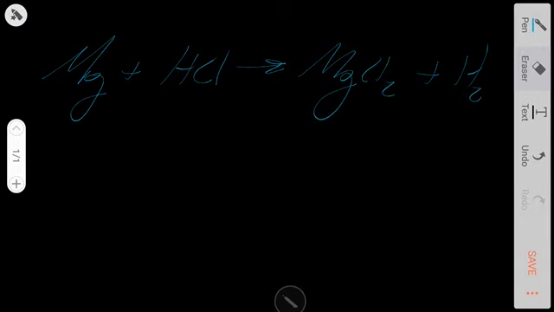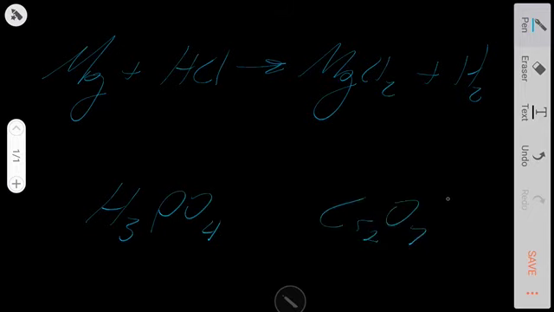Next one, it says, calculate the oxidation number of a given atom within a compound. Alright, so let's say if we had something like H3PO4, or if you had something like Cr2O7 2-.